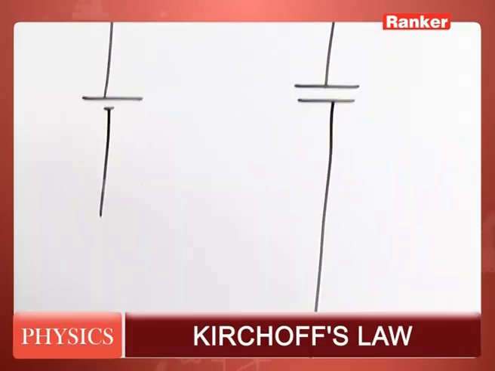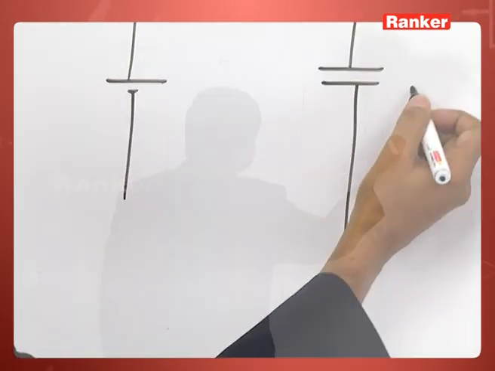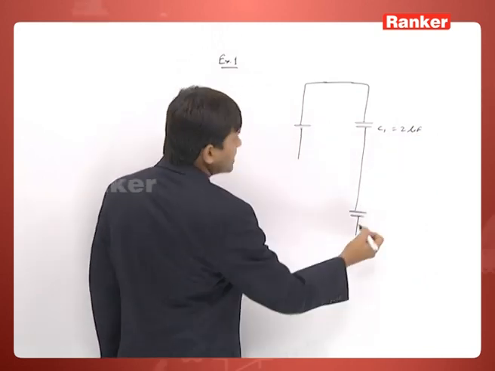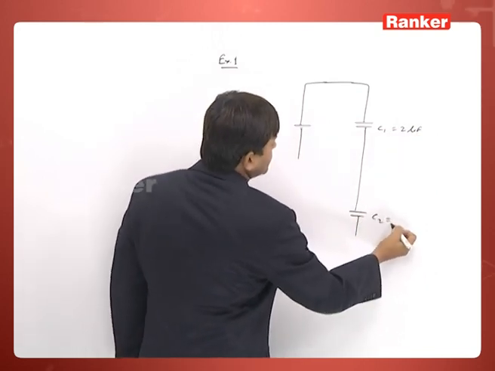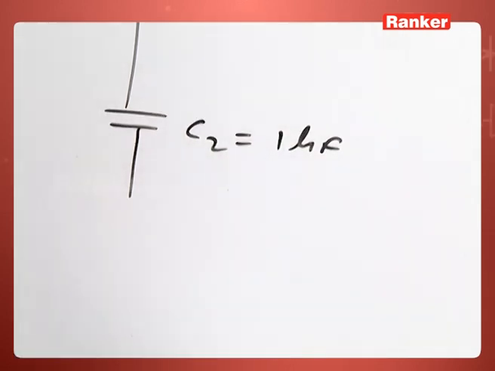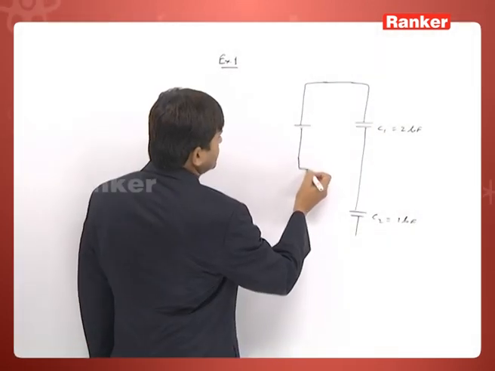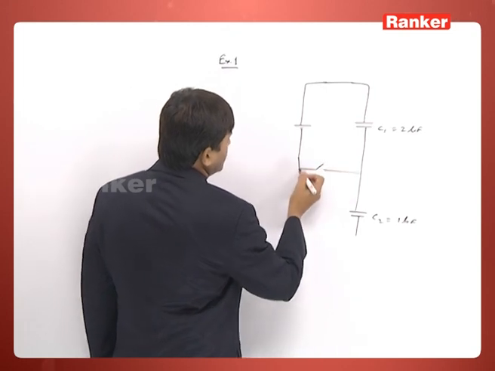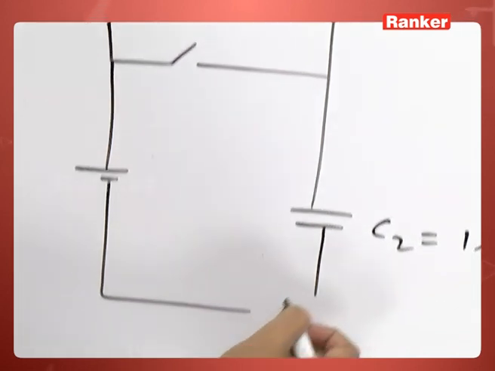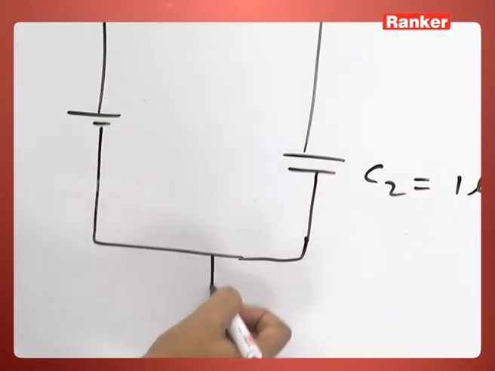These are the two capacitors. One has a capacitance of 2 microfarad and the other has a capacitance of 1 microfarad, and these are connected like this.